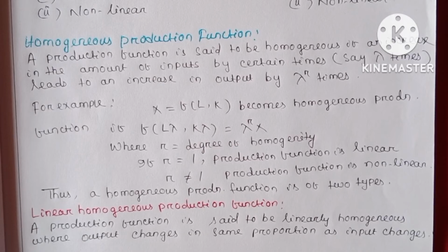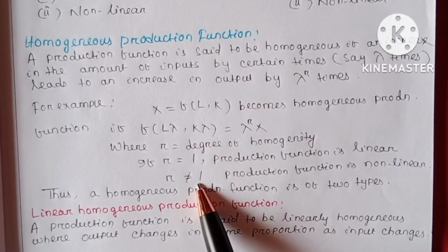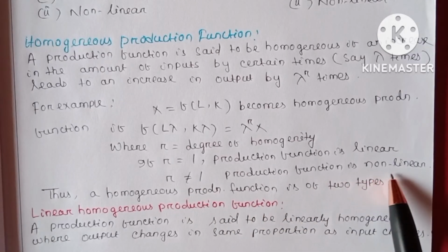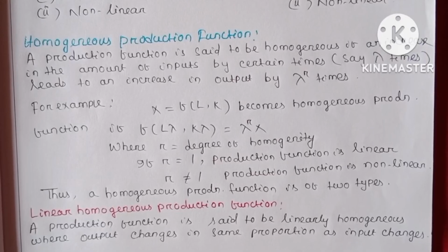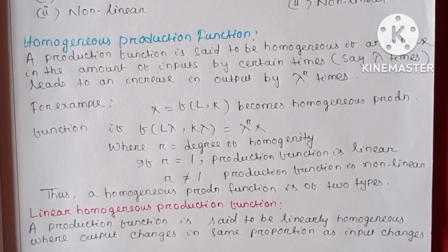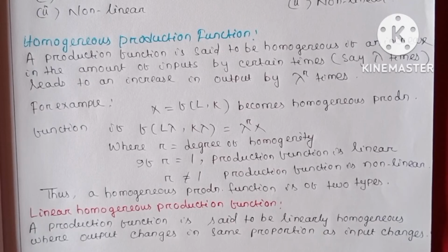Similarly, for a non-linear homogeneous production function, r is not equal to 1. If r is greater than 1, that means output changes more than input. Similarly, if r is less than 1, that means output changes less than input.